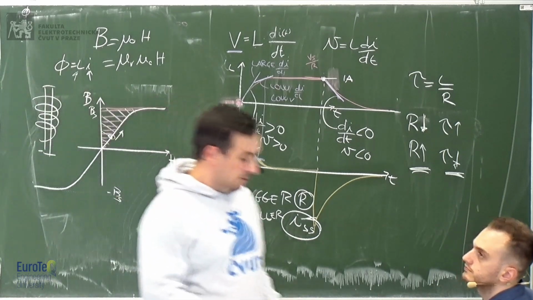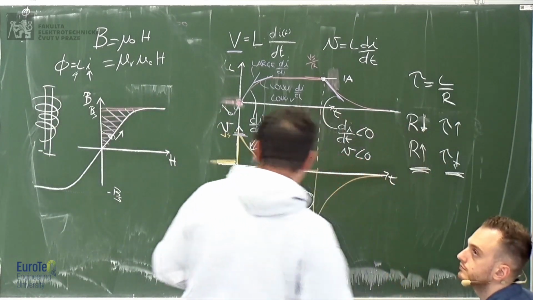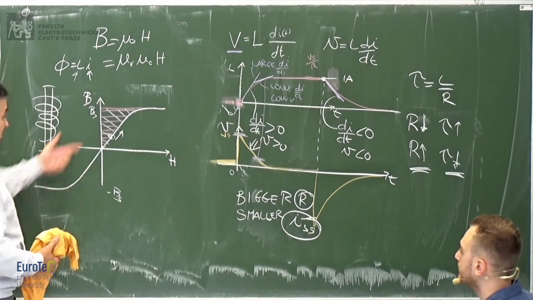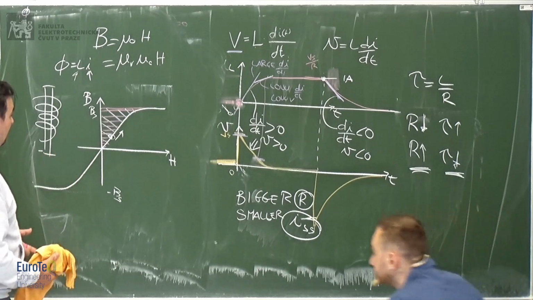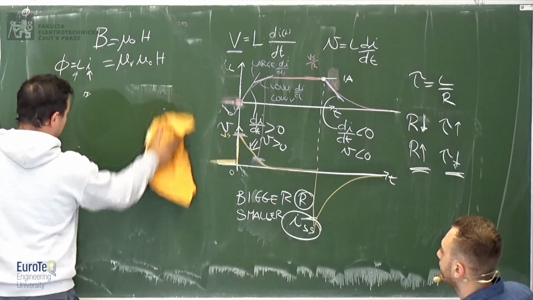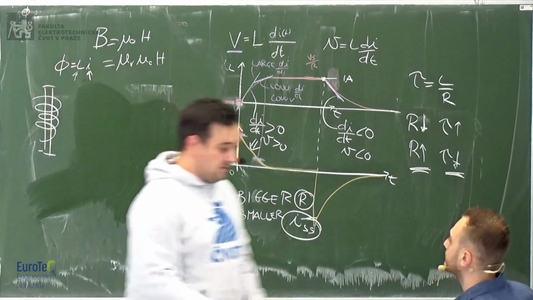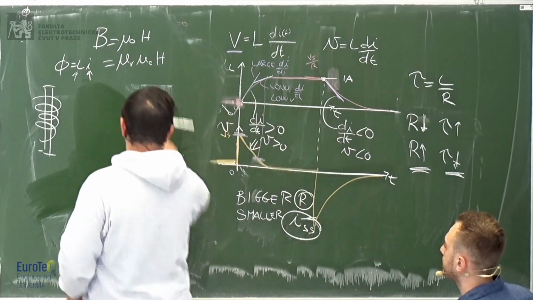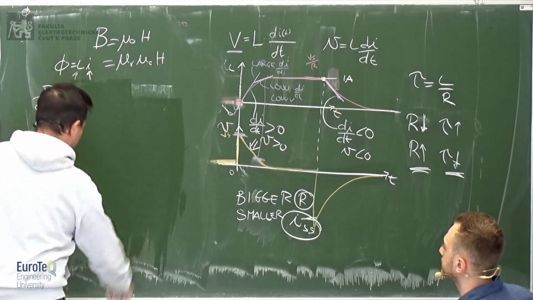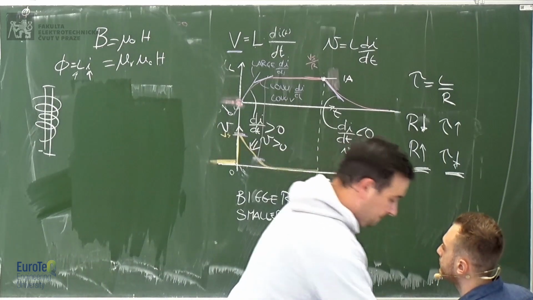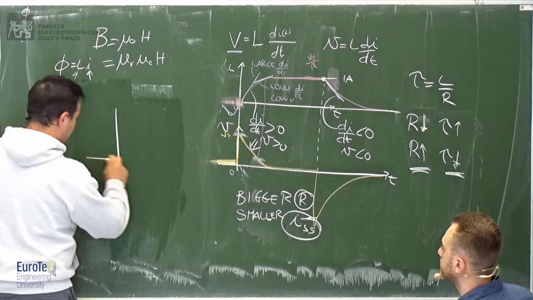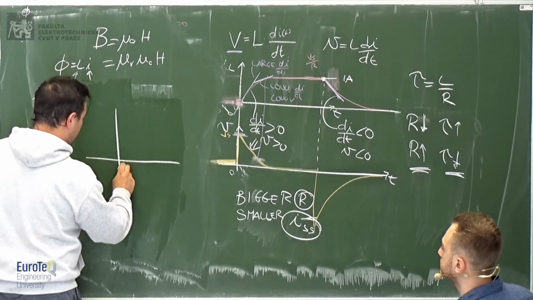Unfortunately, there is some hysteresis in the curve of the ferromagnetic material. So we don't have this linear behavior, but somehow we have something which behaves like this. We have, let's say, our BH loop.